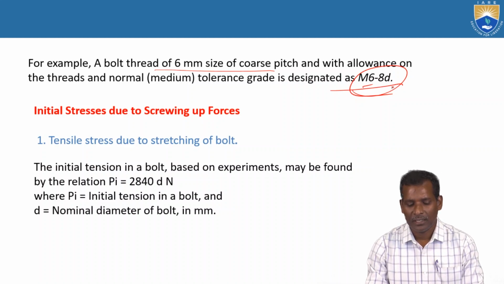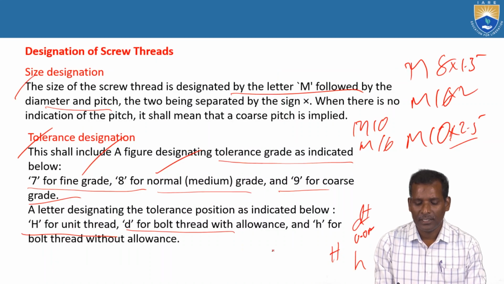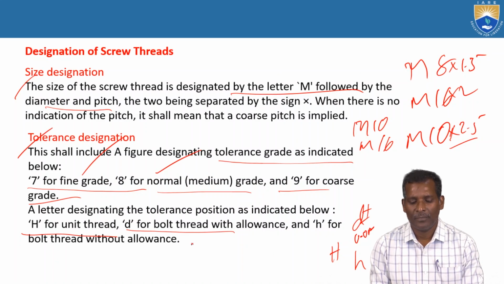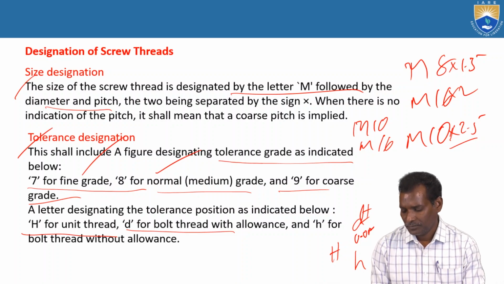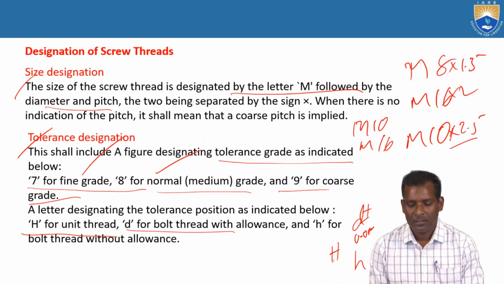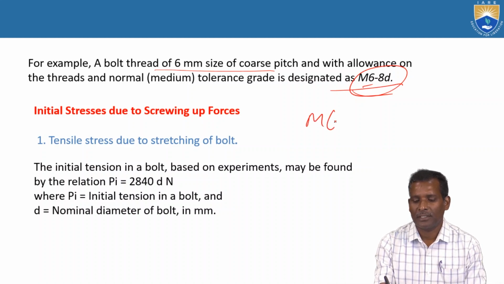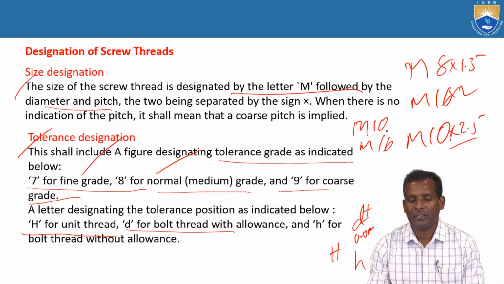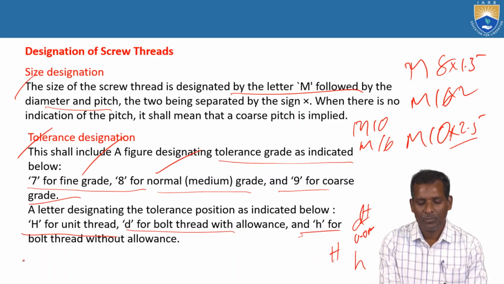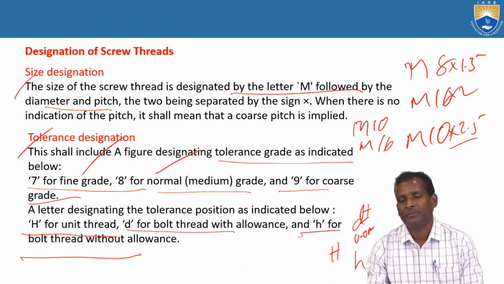So D here means it is used for a bolt thread. If you use here M6 8 small h, it means the small h is for bolt thread without allowance.